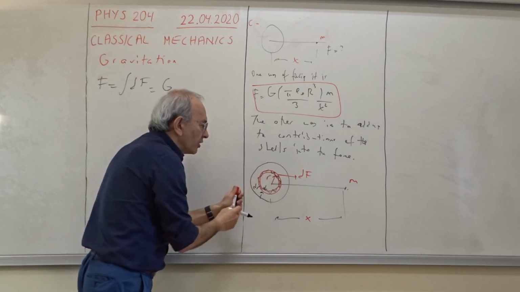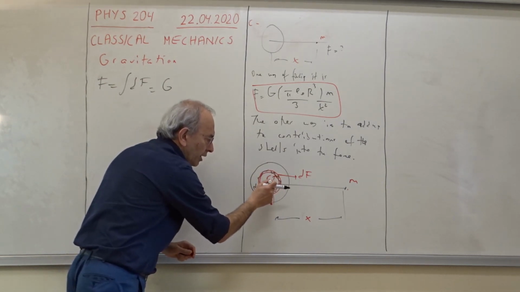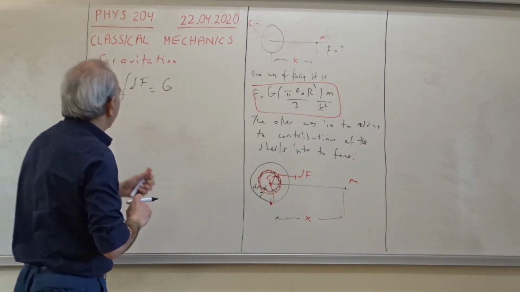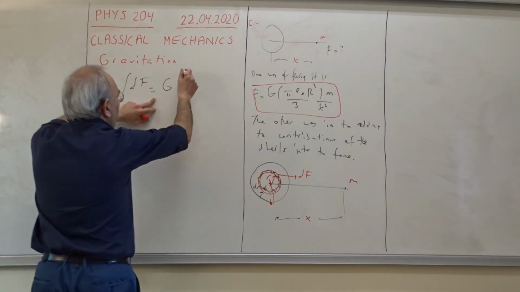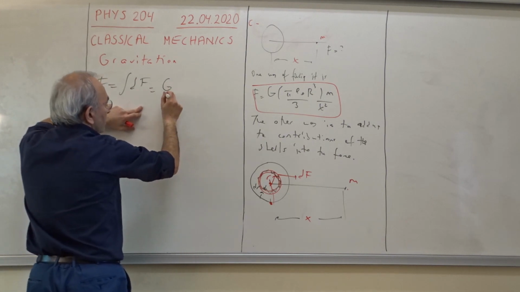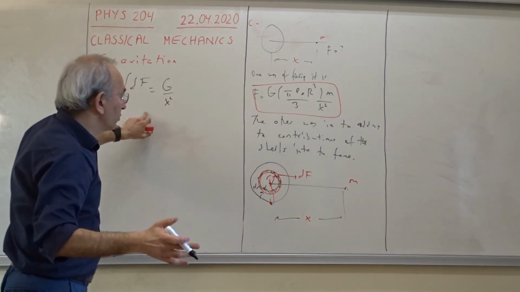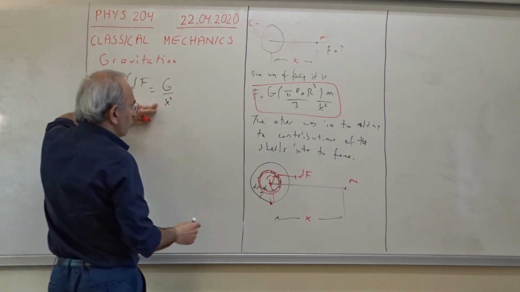So instead of this red particle, this shell, we can consider it as concentrated at the center. So G, inside we have, also x squared can be taken out. x is not a variable, x is the fixed distance. There is no integration over x. G over x squared outside.